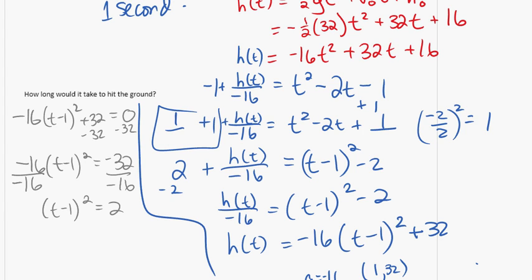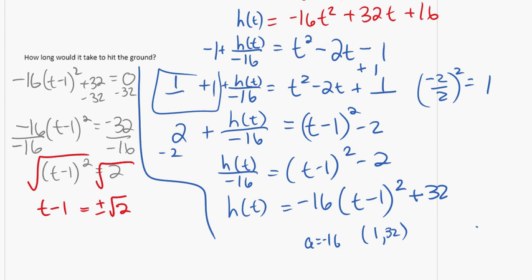Getting the squared quantity alone, I'll take the square root of both sides. And I get t minus 1 equals plus and minus the square root of 2, which is roughly 1.4. And so then I know that t must be 1 plus and minus the square root of 2, which is roughly 2.41.